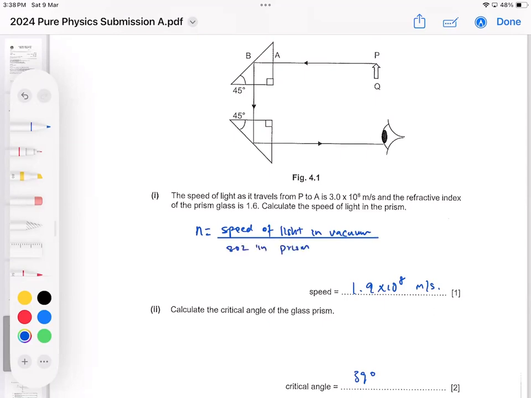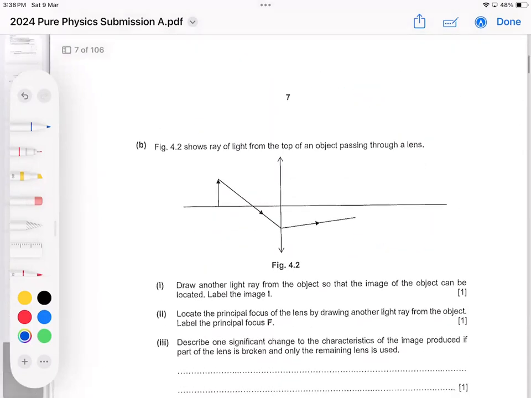For the effective index given to us, 1.6, it's 3 times 10 to the power 8 over the speed of light that we want. Then from here we get 1.9 times 10 to the power of 8 meters per second. Then this one is the same thing, 1.6 equals 1 over sine c. When we do the math, we should get about 39 degrees. So no issue for this.